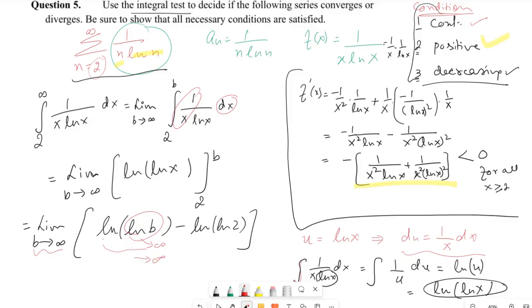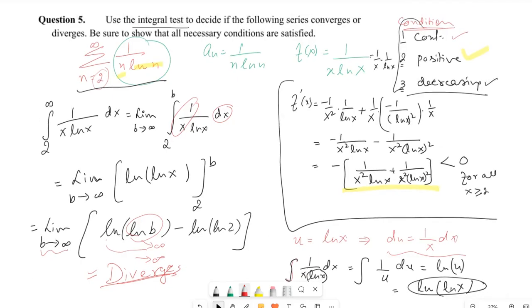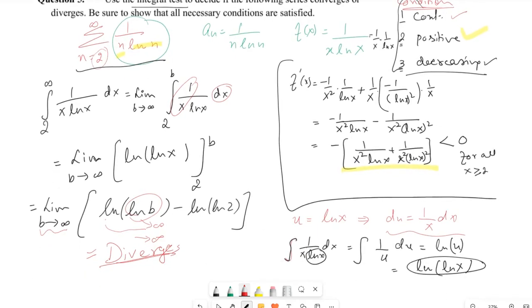So basically this integral is not coming to a finite number. It's divergent. This integral diverges. Therefore, what are we going to conclude for our series? Therefore, the final answer: the given series also diverges.